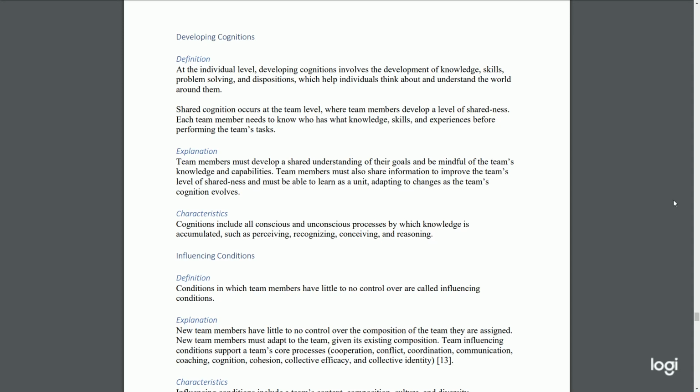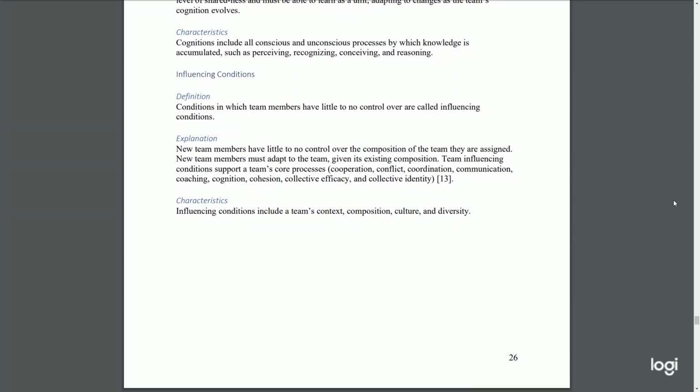Team influencing conditions support a team's core processes: cooperation, conflict, coordination, communication, coaching, cognition, cohesion, collective efficacy, and collective identity. Characteristics. Influencing conditions include a team's context, composition, culture, and diversity.